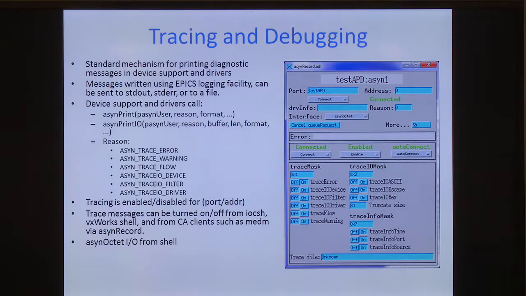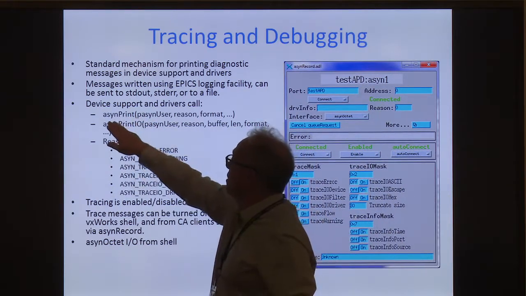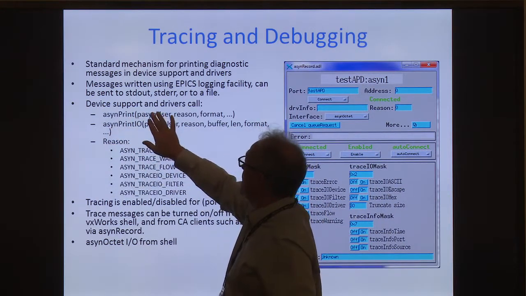Okay, tracing and debugging. This is a really nice part of asyn. It has a standard mechanism for printing diagnostic messages in both device support and in drivers. The messages are written using the EPICS logging facility, or they can be sent to standard out or standard error or to a file. So in your driver or device support, you call asyn print.